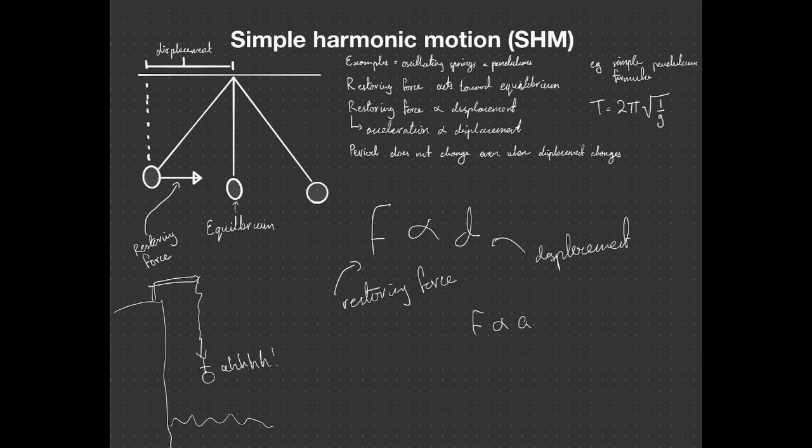Let's talk about why an action like a bungee jump isn't simple harmonic motion. When an individual doing a bungee jump is in free fall, the force acting on our individual is constant. This is not a restoring force.